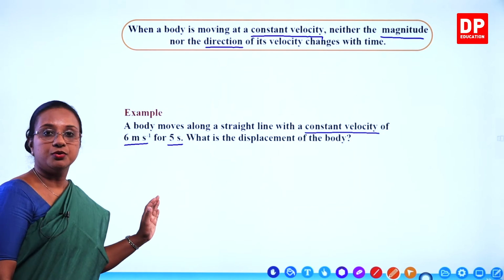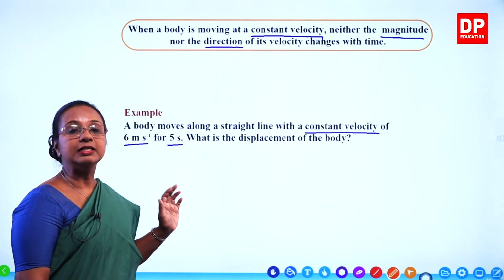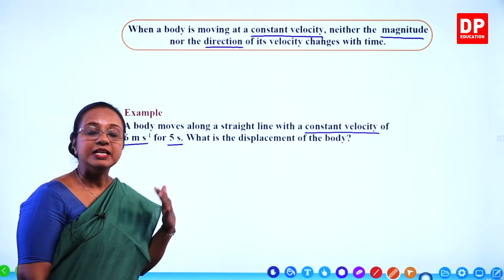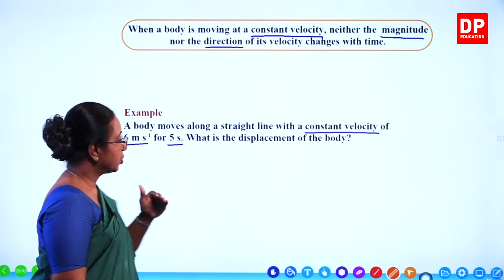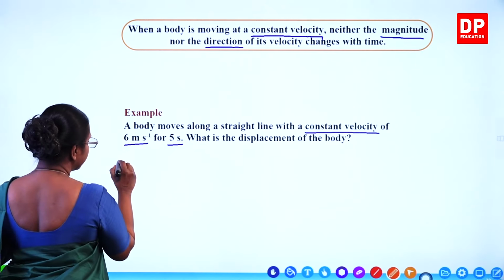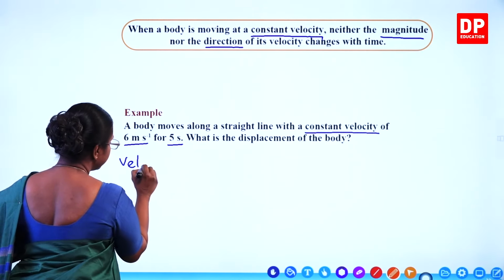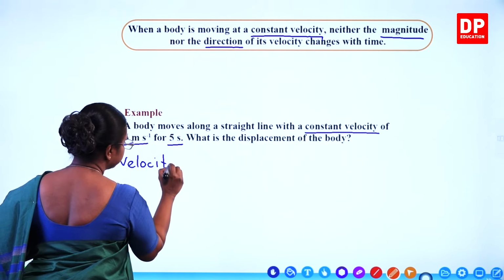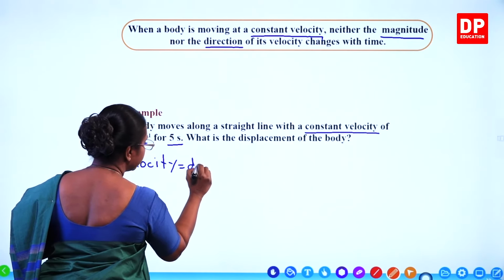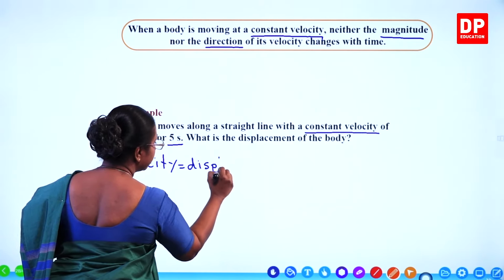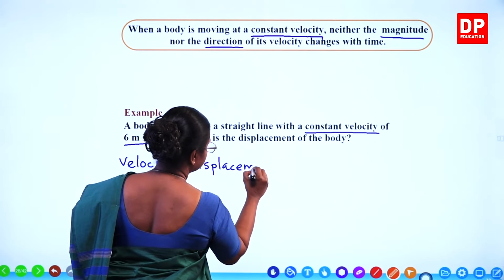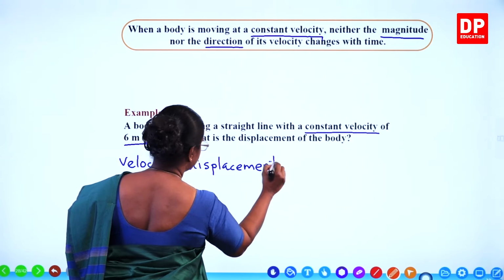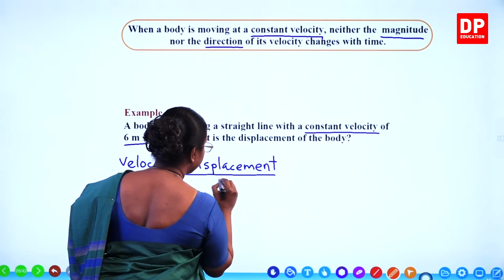So, as you all know, when we calculated the velocity, we divided displacement by time. So, if I write the equation again, velocity equals displacement divided by time.